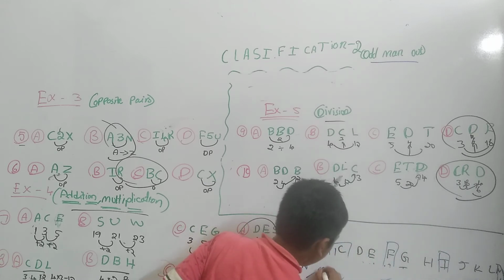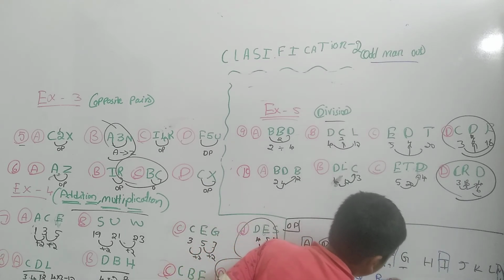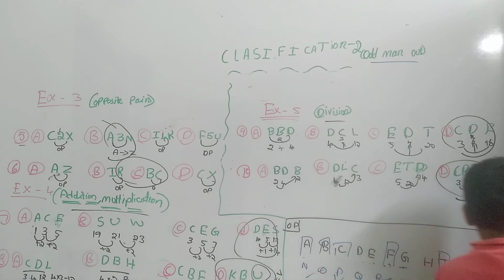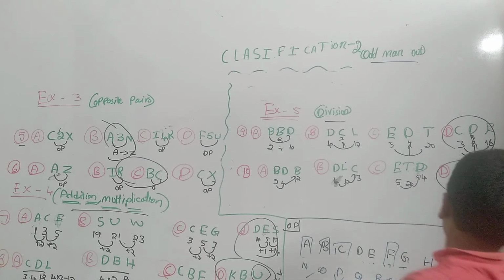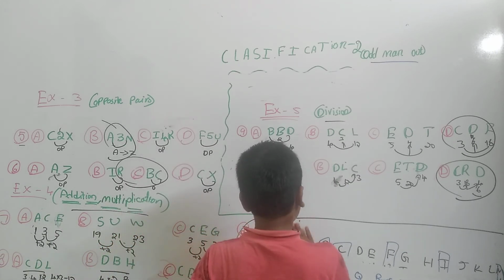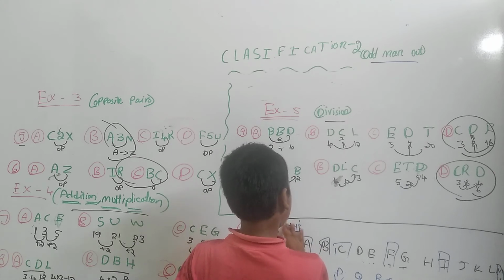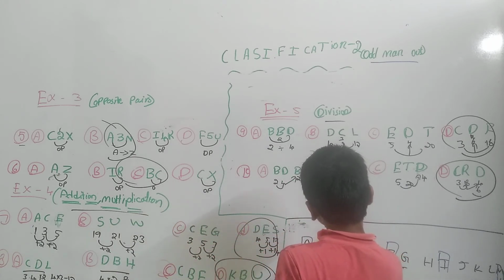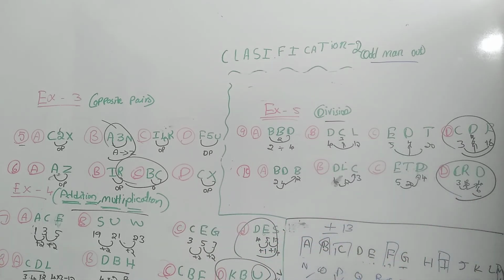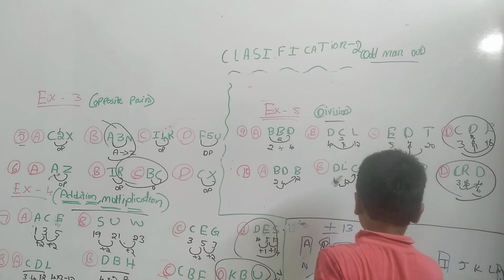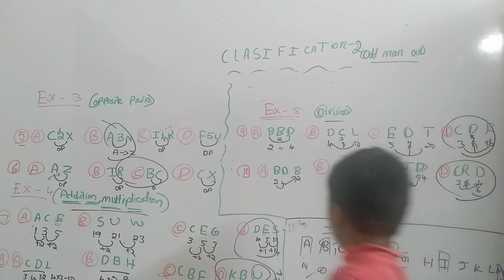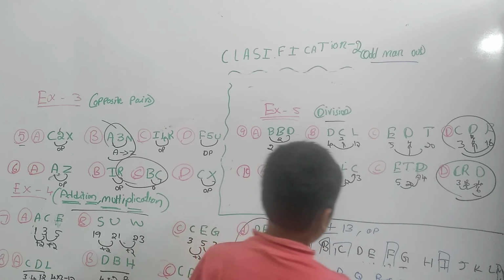M N O P Q R S T U V W X Y Z, and then M Z, L Y, K X, J W, I V, H U. This is the plus or minus 13 symbol, friends. Opposite pairs are nothing but N here, and like that Z.